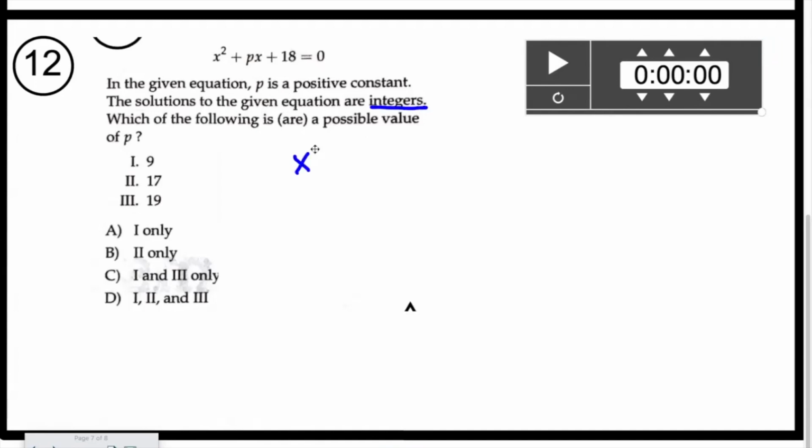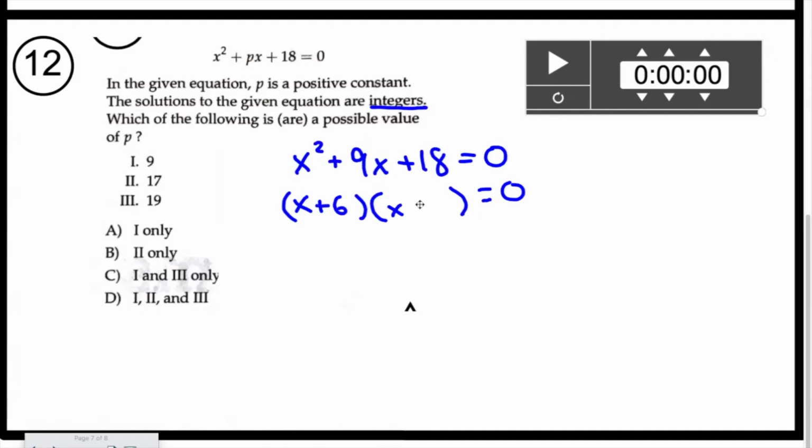So for instance, if let's say p were 9, if you can factor quickly, then you could just do it this way. We should know that this will now factor to x plus 6, x plus 3. So therefore, since it factors nicely, our answers will be -6, -3, which are integers.